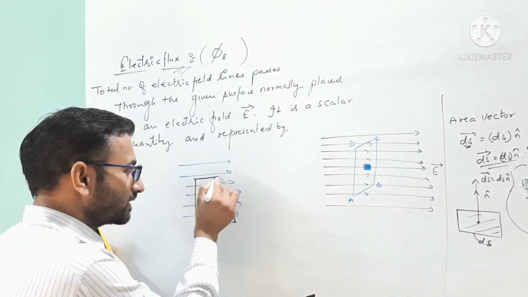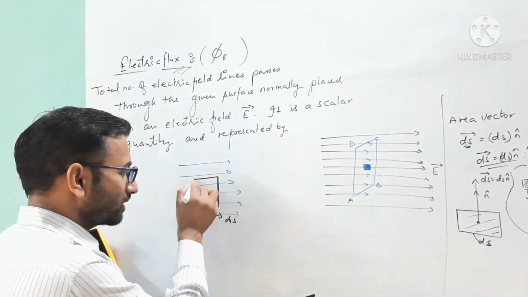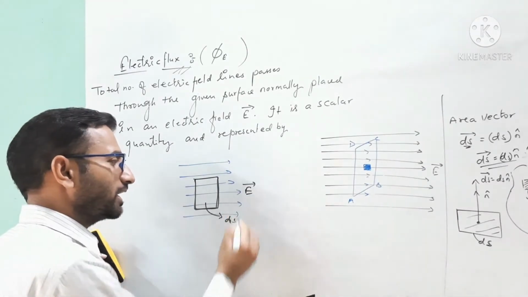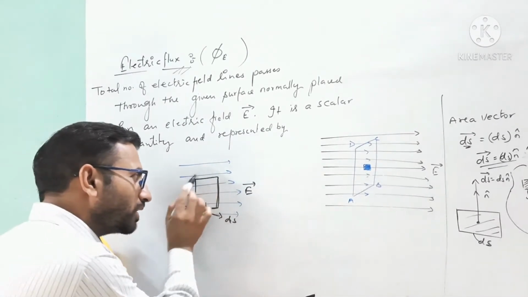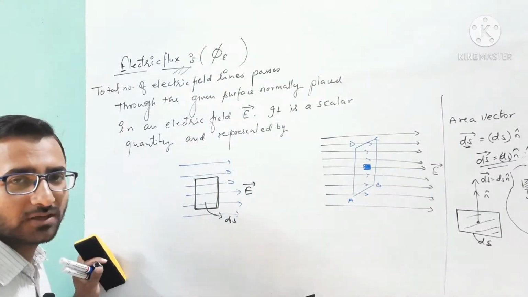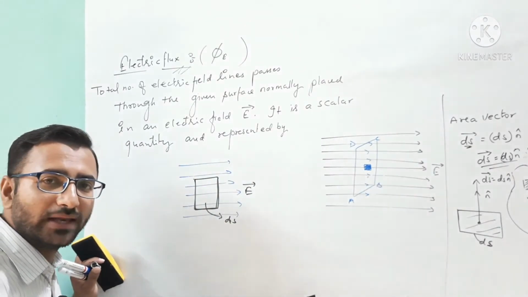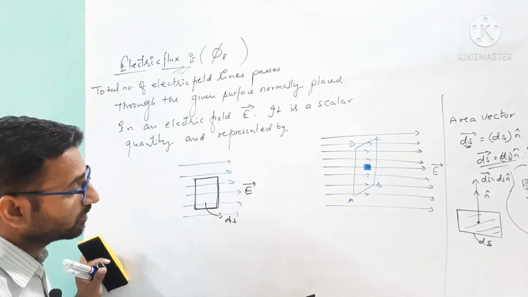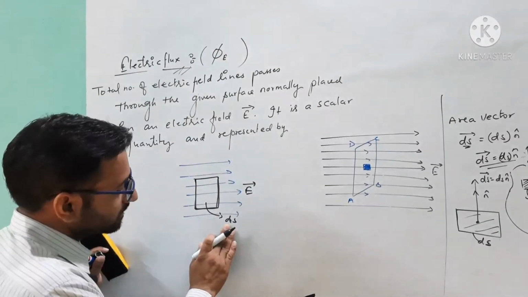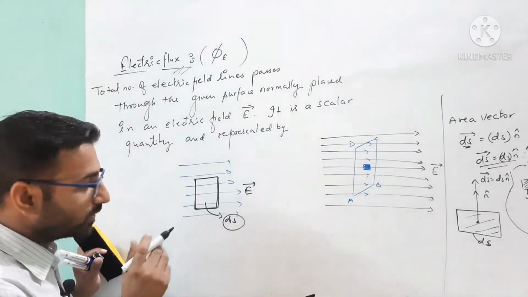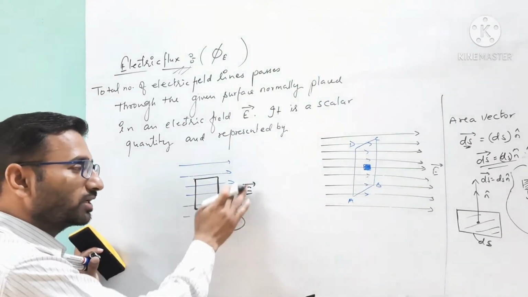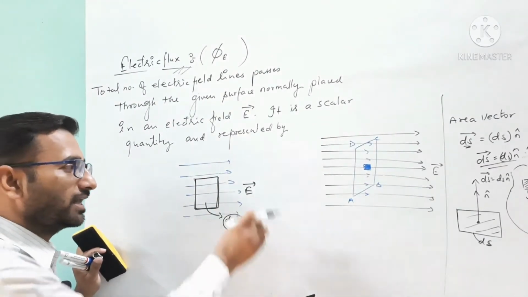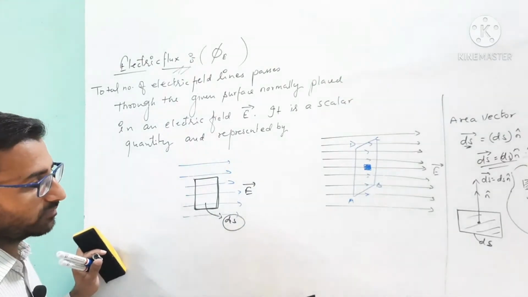When this elementary surface is placed in the given electric field, the normal of this surface represents the area vector. Here dS is the given surface, and we don't know whether it is normal to the electric field, parallel to it, or at an angle to it.